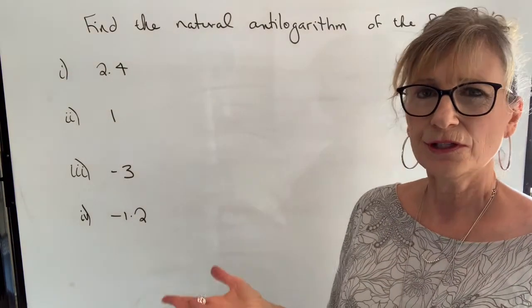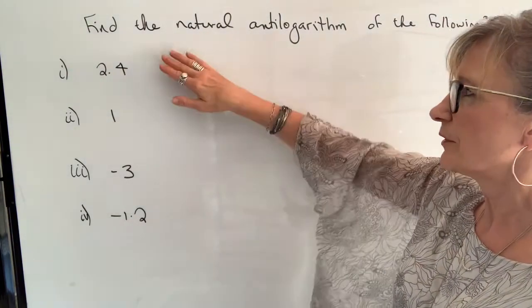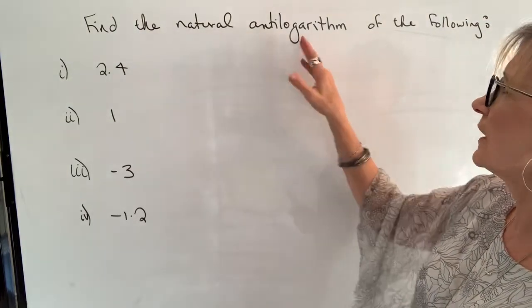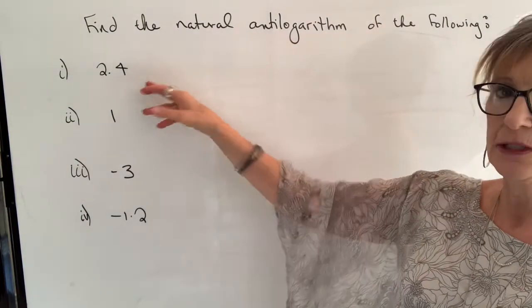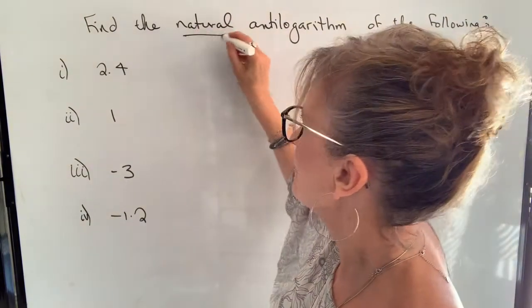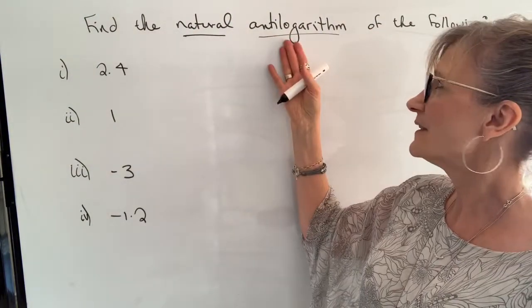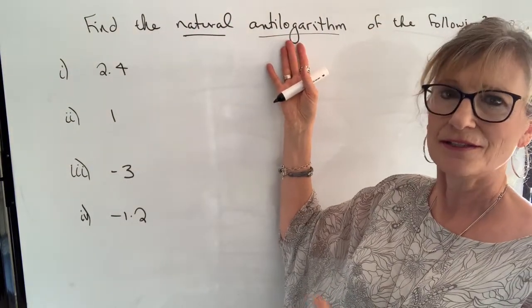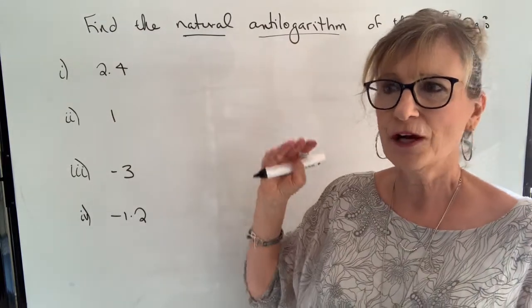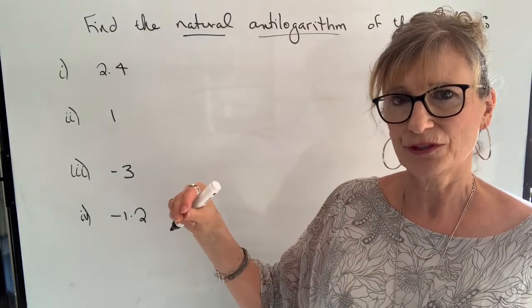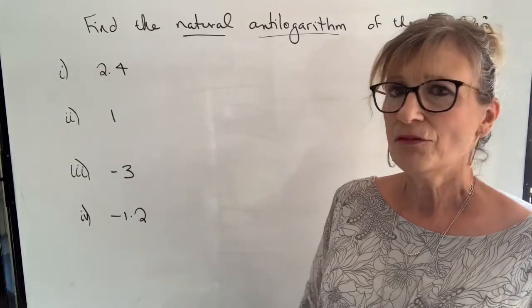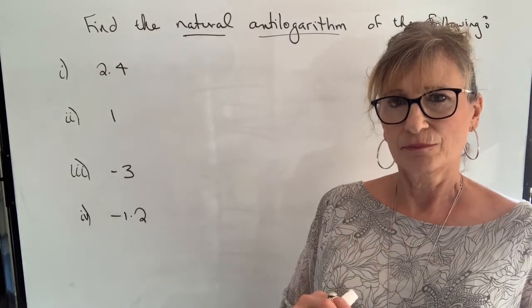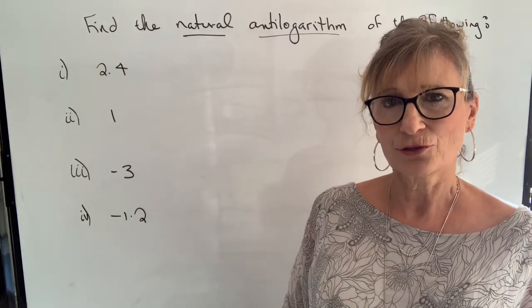The instructions that you might see might be similar to this, where it says find the natural antilogarithm of the following. The key here is natural means it's base e, and antilog means it's not the logarithm, it's the inverse. So we're finding the quantity when we know the exponent. You'll have a function on your calculator that's probably above your natural log function.